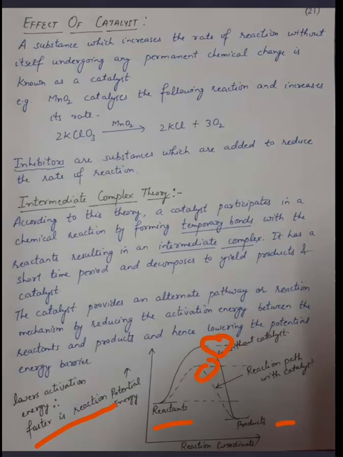The catalyst provides an alternate pathway by reducing the activation energy. What is activation energy? The energy required for effective collisions. In the next lecture, we will study the effect of temperature, and why the rate increases on increasing the temperature.